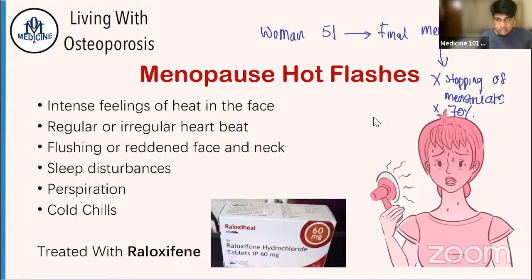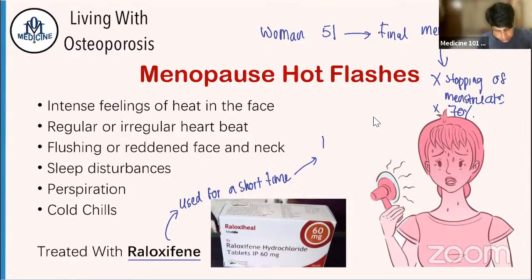These symptoms are treated with this drug called raloxifene, which is used for a short time, because there's an adverse effect in which it can lead to, over time, blood vessel blockage. So this is used for a short time, and this drug decreases, it will delay the onset of osteoporosis.